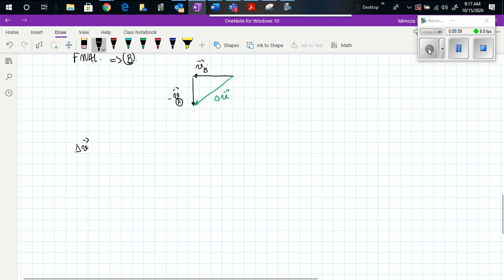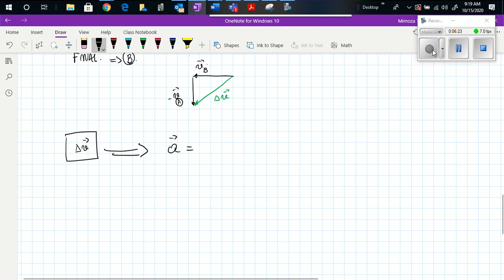So now, do you think that we will have an acceleration since we have the change of velocity? We proved that we have a change of velocity. Therefore, we will have an acceleration.